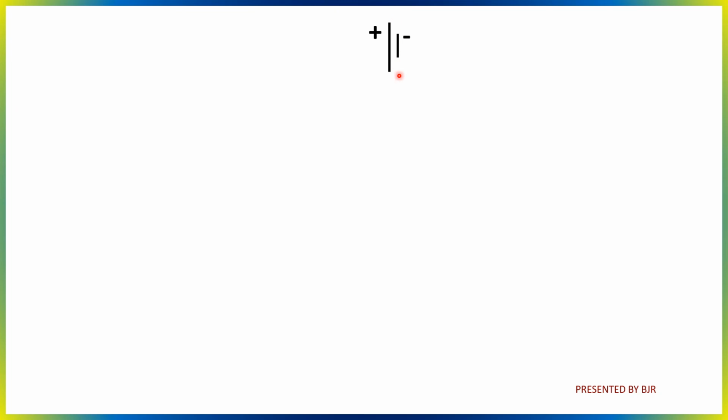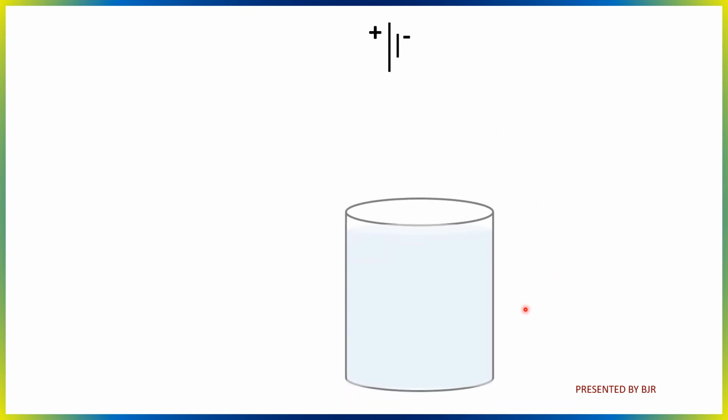Here is a battery and this is a vessel in which copper sulfate solution is there. When copper sulfate crystals are dissolved in water, they get decomposed as ions: Cu plus 2 ions and SO4 minus 2 ions.